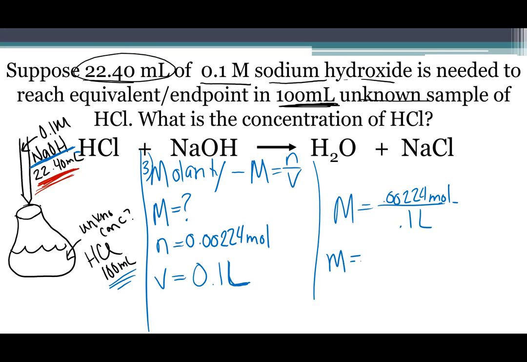So what is the molarity of the hydrochloric acid? 0.00224 divided by 0.1 equals, I just dropped my pen. So we get 0.0224 molar solution of HCl.